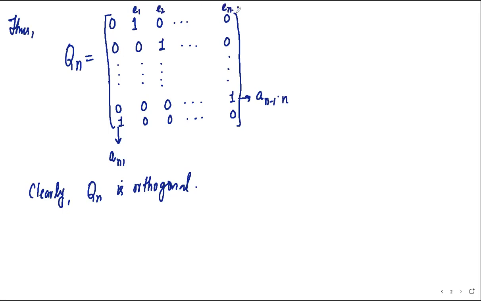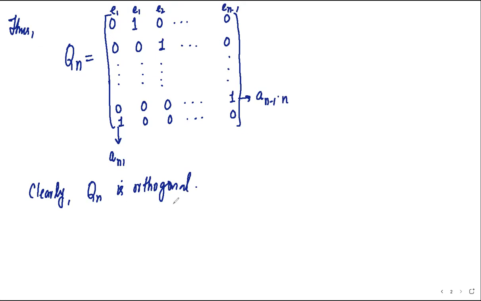This is E n minus 1, and this one is E1. Then this E1, E2, E n minus 1, E1, they are the n tuples from Rn, which are actually forming the standard basis of Rn. So these vectors are linearly independent and they are orthogonal to each other. So this matrix Qn is actually an orthogonal matrix.